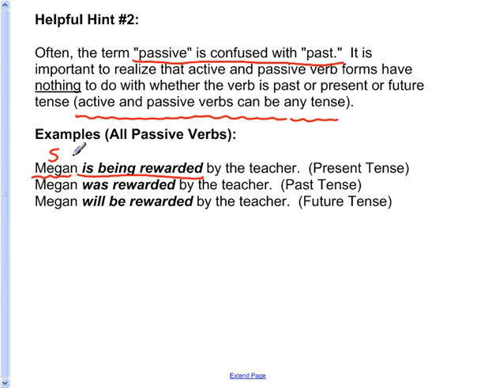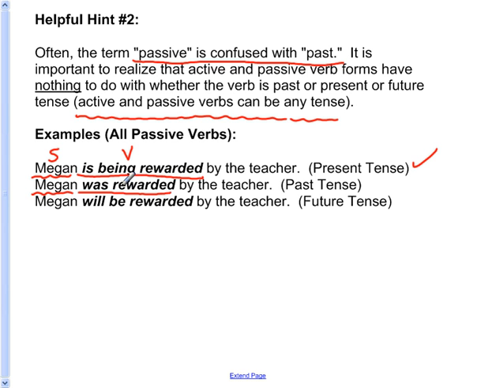Megan is the subject. In this case, Megan is not doing the action. The rewarding in this sentence is being done by the teacher. In this case, it's present tense. So this is a passive verb in the present tense. The second example is a passive verb in the past tense. Megan was rewarded by the teacher. Was rewarded is the main verb. Megan is the subject. Megan is not doing the rewarding.